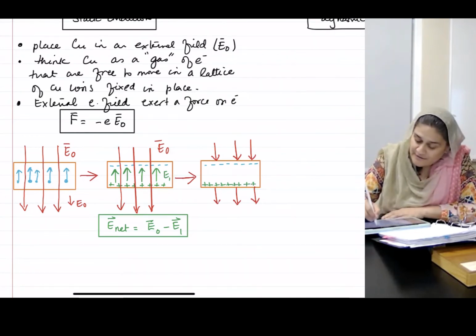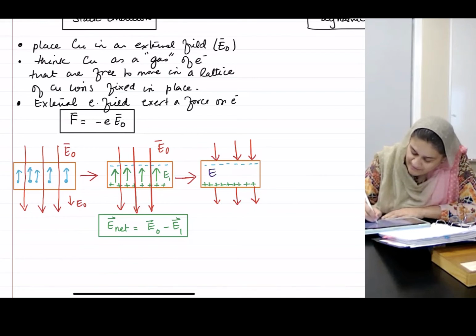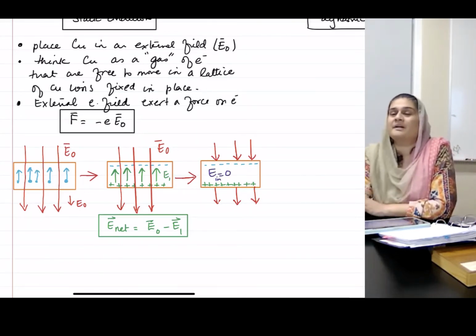The E field on the inside has to be 0 in a conductor.